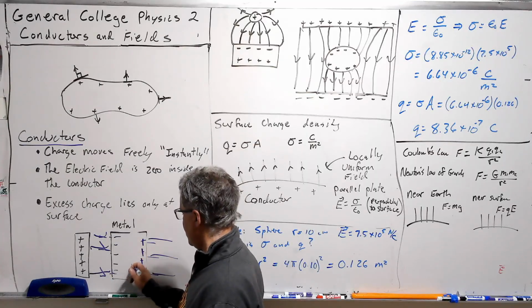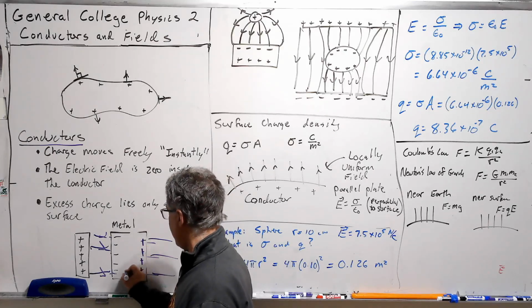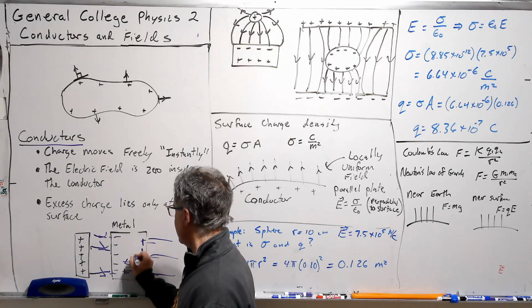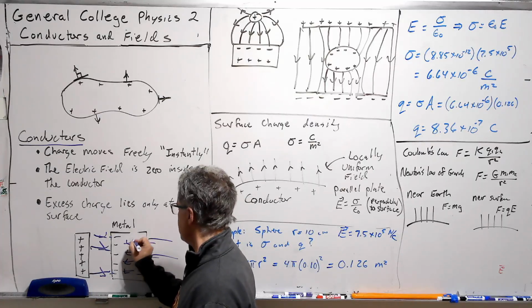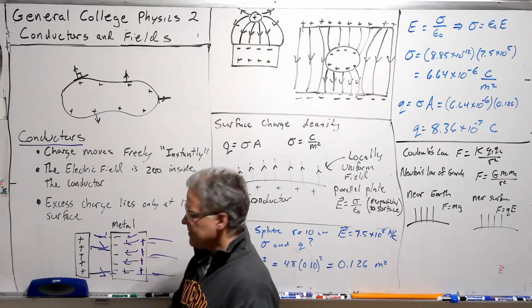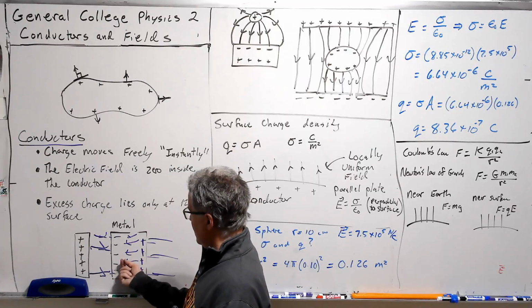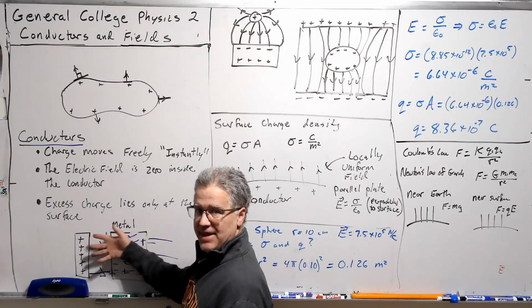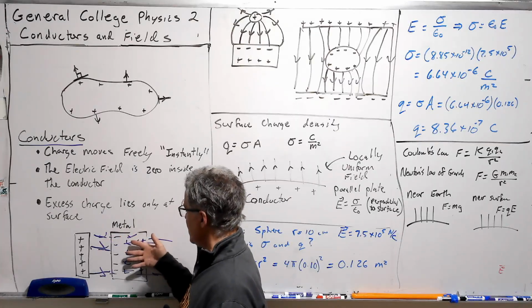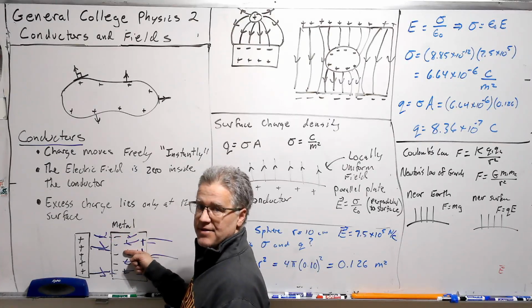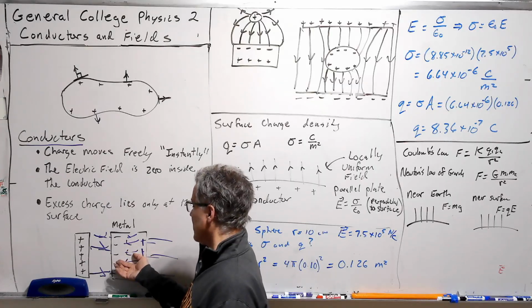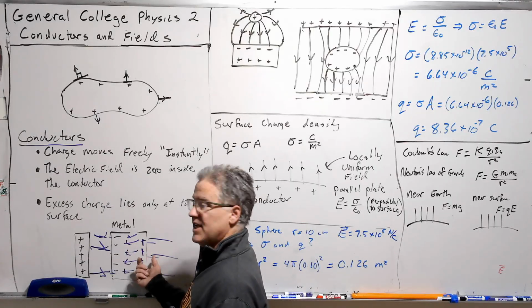If we were to have these separated now, we would have a field in this direction, right? Inside the metal, because these have separated. Well, if this field was stronger than the external field, then charges would start to move back this way. And if this field was weaker, then charges would continue to separate.